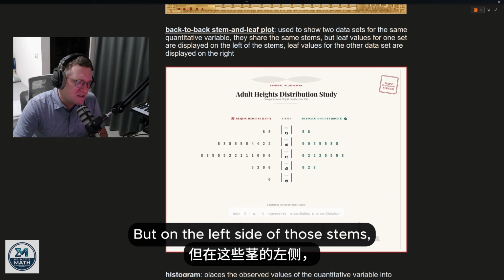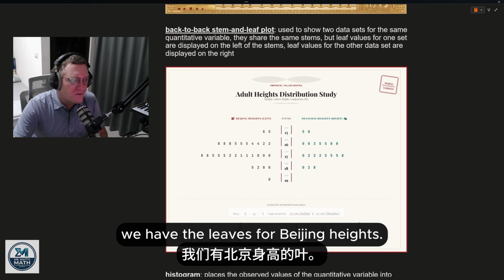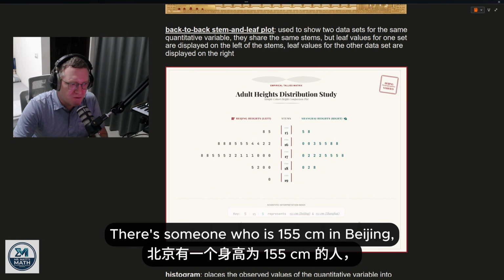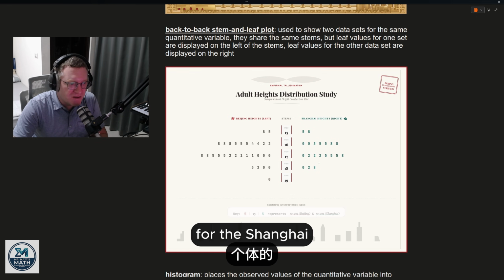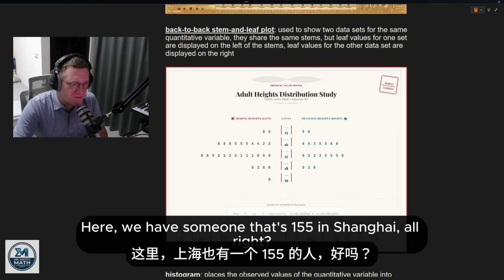On the left side of those stems, we have the leaves for Beijing heights. So there's someone who is 155 centimeters in Beijing. And over here, we have the leaves for the Shanghai individuals. So here we have someone that's 155 in Shanghai.